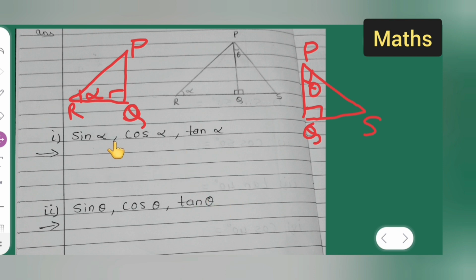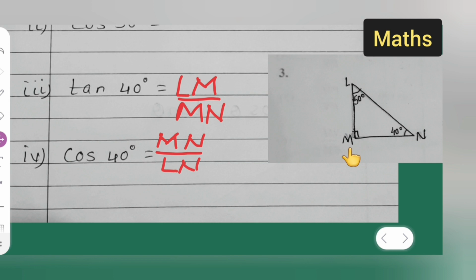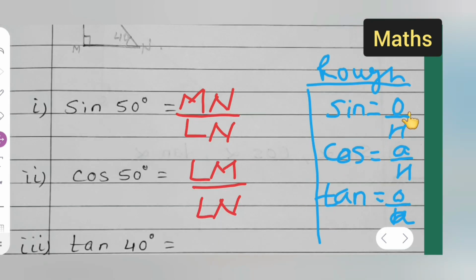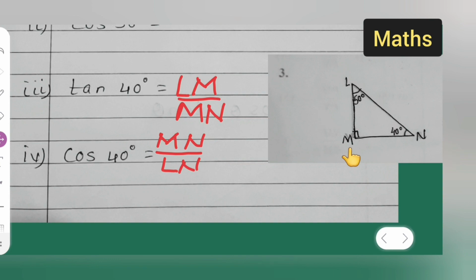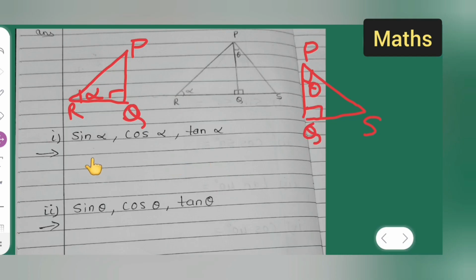So what is sin alpha now? As I have already told you, sine is opposite upon hypotenuse. So what is the opposite of alpha? The opposite of alpha will be nothing but PQ, upon hypotenuse PR.